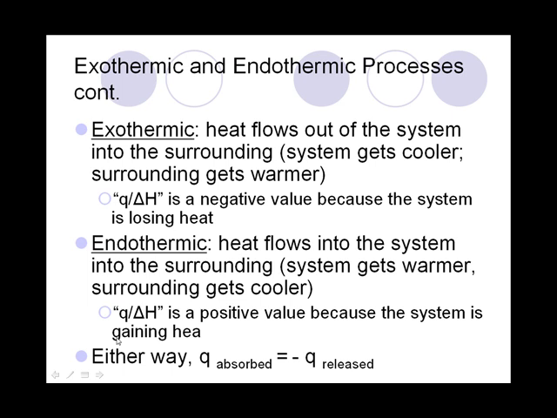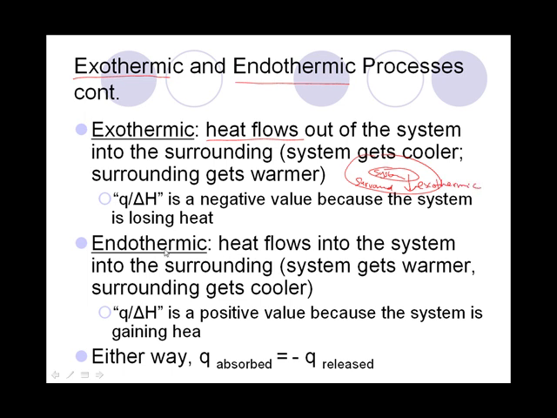Let's talk about some of the processes of heat flow. The two kinds are the exothermic and the endothermic, and we talked about this a little bit in class, in that the exothermic process is when the heat flows out of the system and into the surrounding. Okay, so once again, here's my system, here's my surrounding, and the system loses the heat to the outside, and this is called the exothermic process.